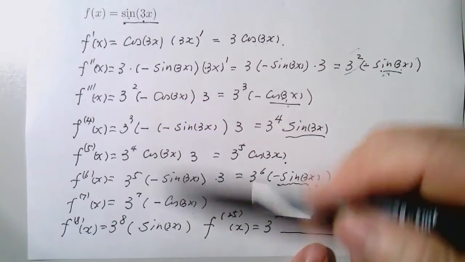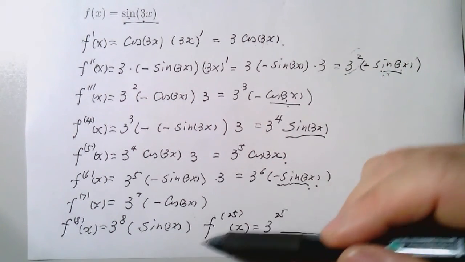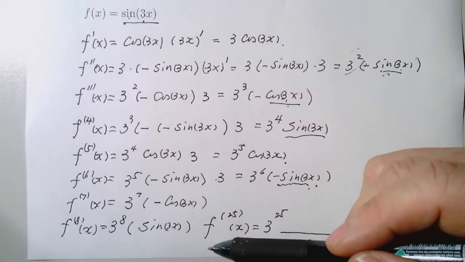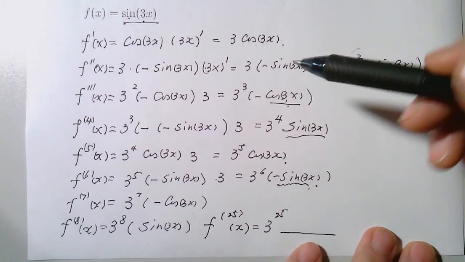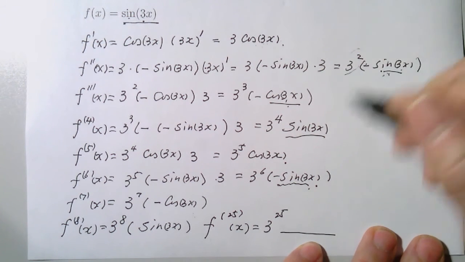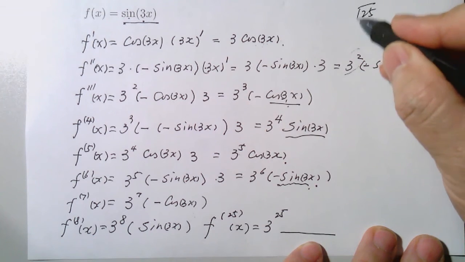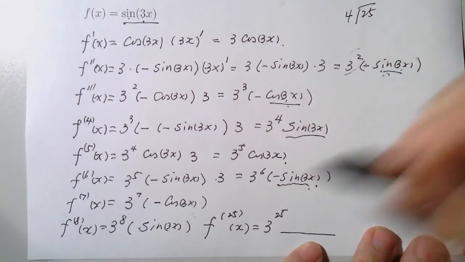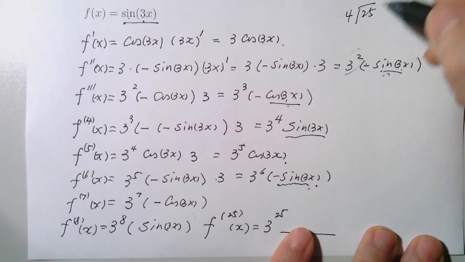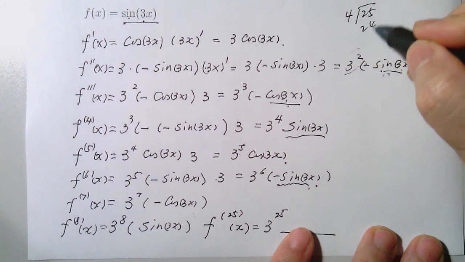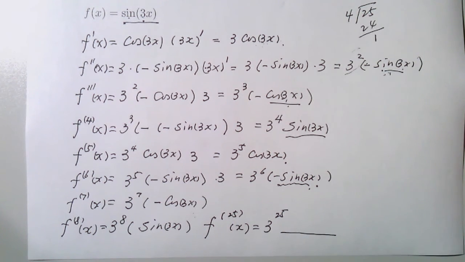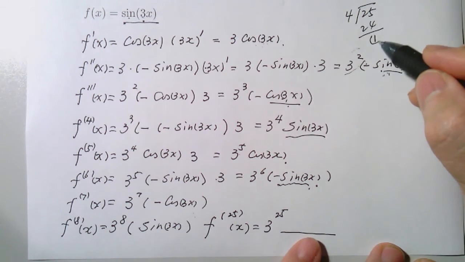So all I need to do is divide the number by 4. Here I have 25 divided by 4. I get 6, and 24 is 1, so the remainder is 1.